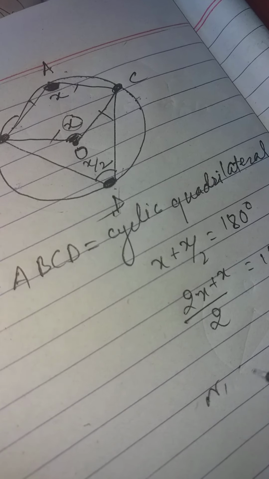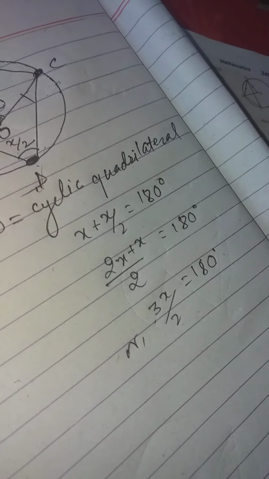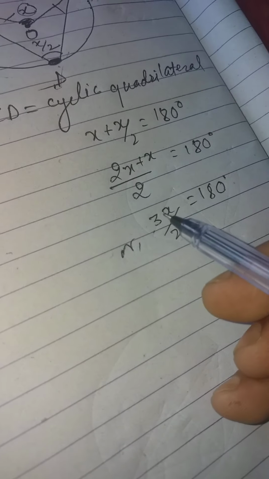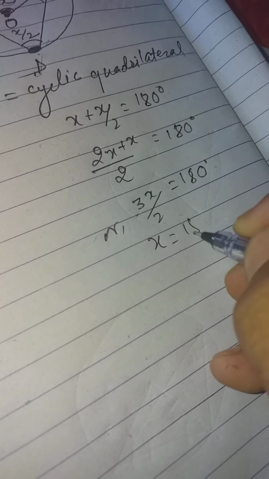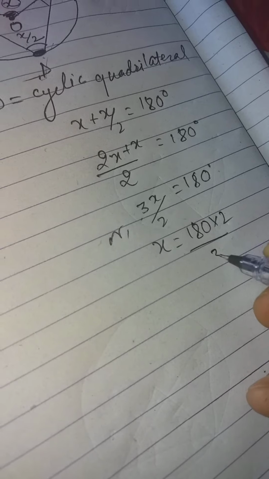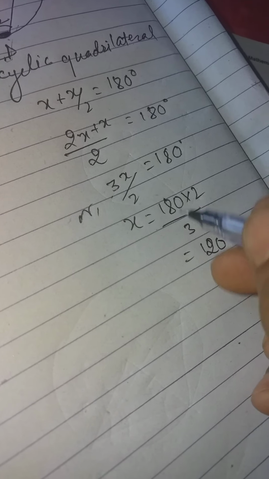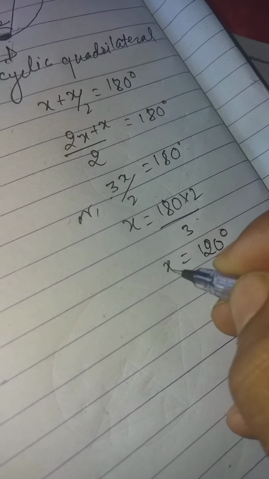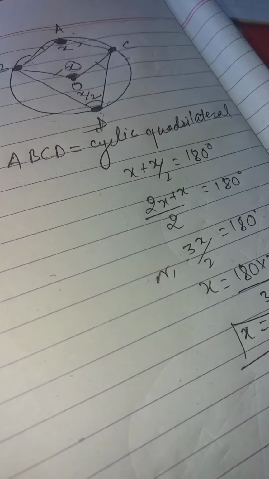I hope you know how to take the LCM. Okay, so cross multiply this one. So when we multiply 2 with 180, x is equal to 180 into 2 divided by 3, which is your 120 degrees. Okay, did you get it?